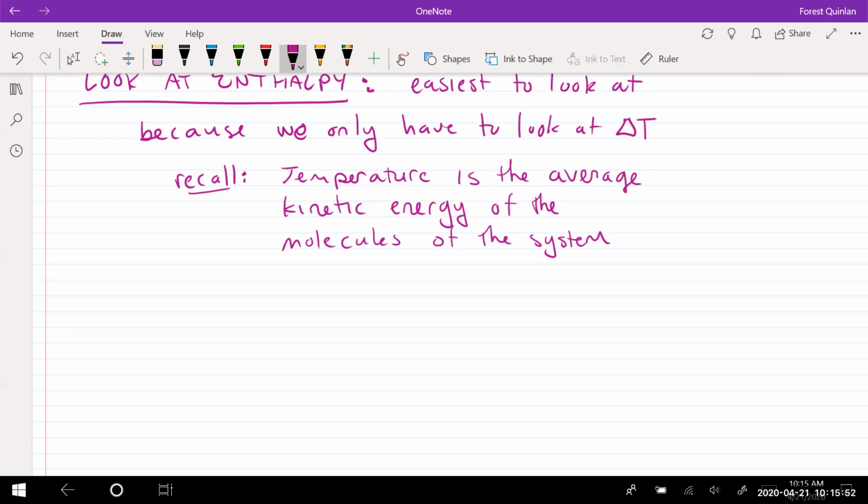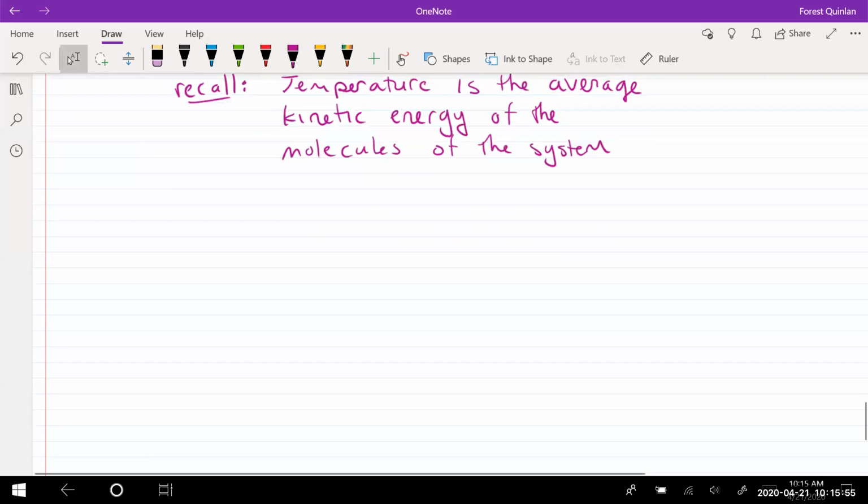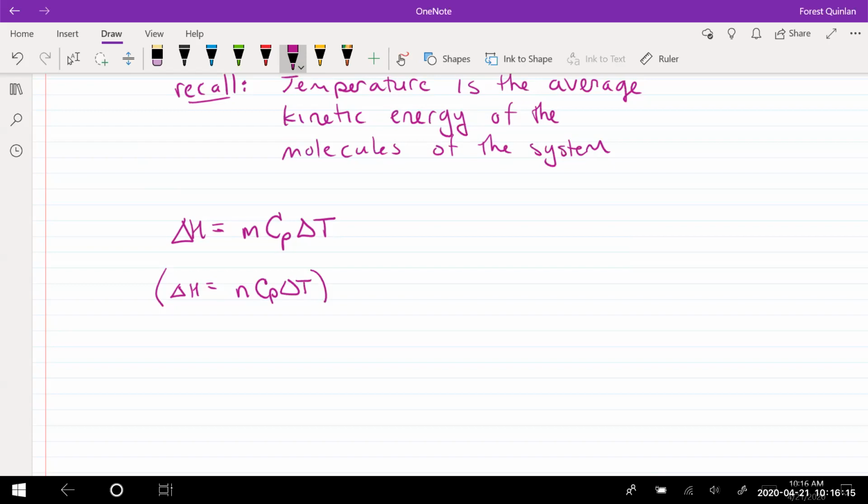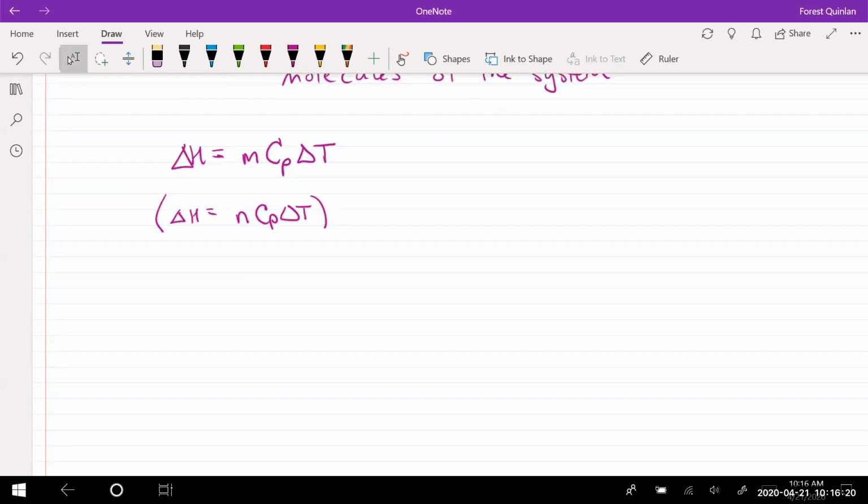Okay, so I want to point out here that the equation looks like this. Delta H is equal to M CP delta T. There's also another version. Delta H is equal to N CP delta T. You'll notice there's a slight difference there. We should recognize N. N is in moles. M will actually be mass.